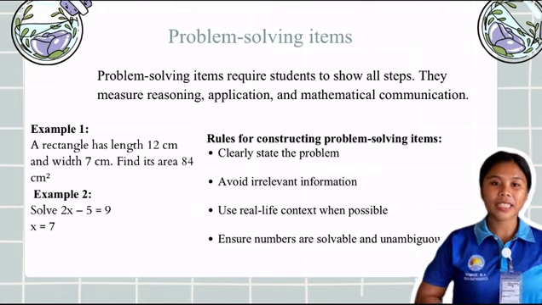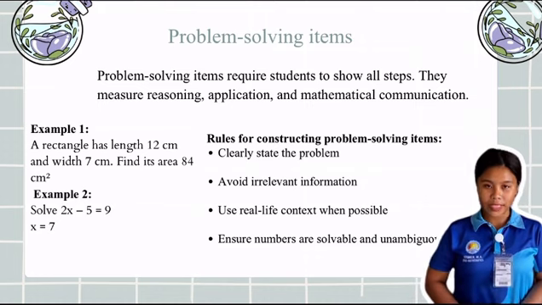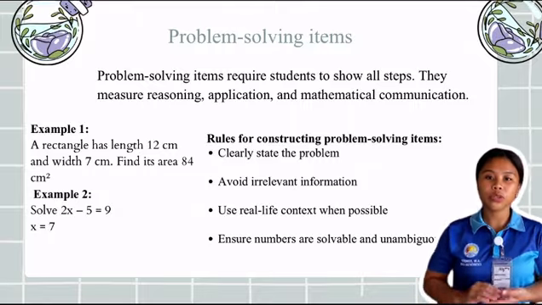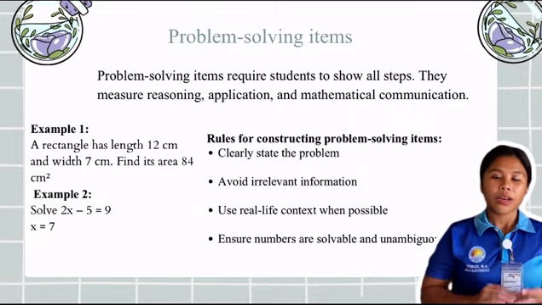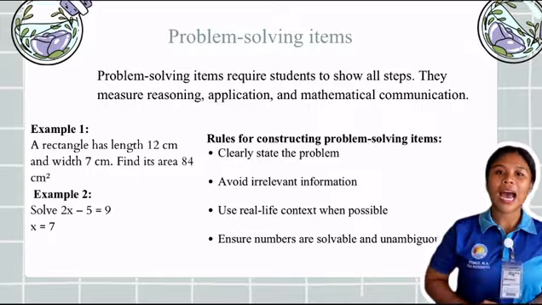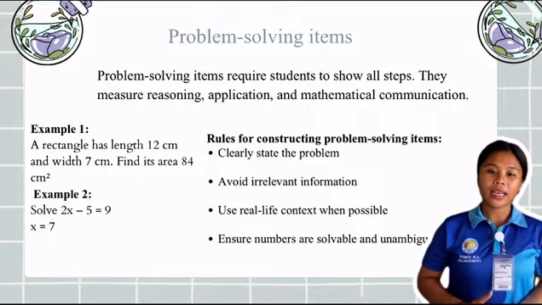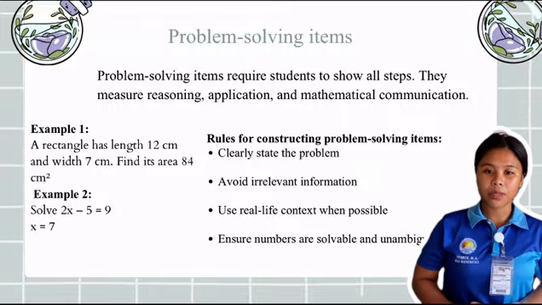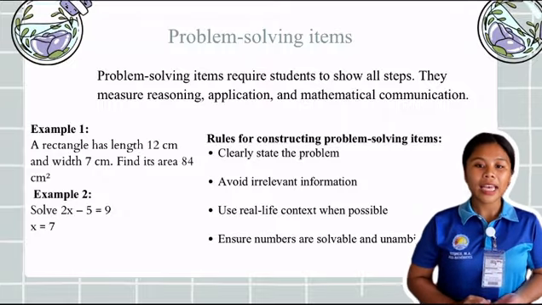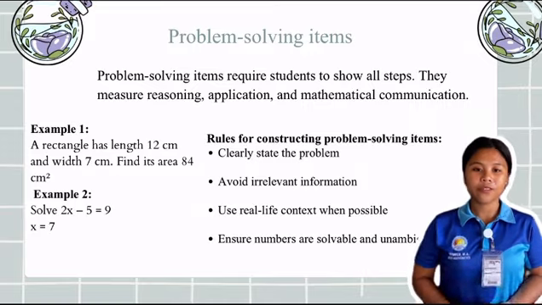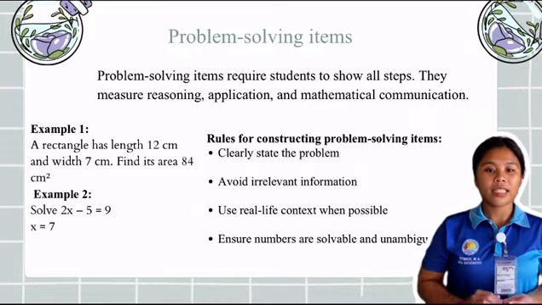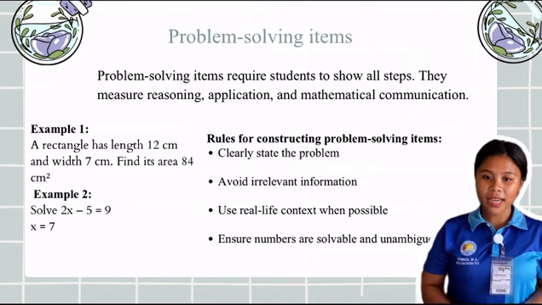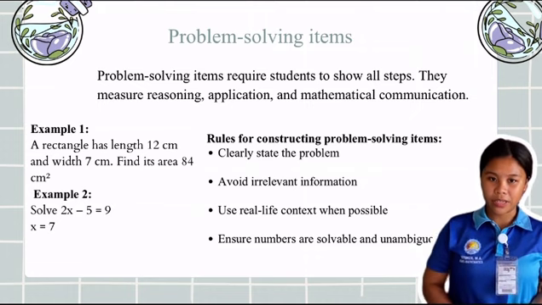The fifth type of test is problem solving. Problem solving items require students to show all steps. So the steps are: first, identify the problem; second, gather information; third, identify possible solutions; fourth, evaluate options; fifth, choose a solution; then sixth, implement the solution; and lastly, check and review your answer.